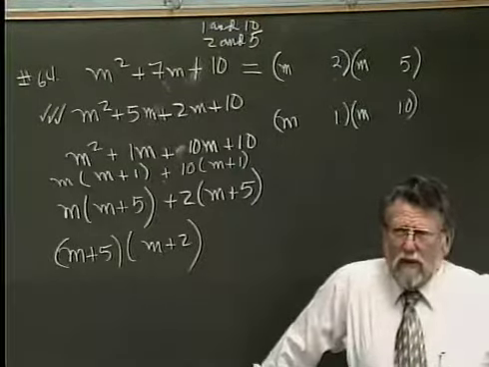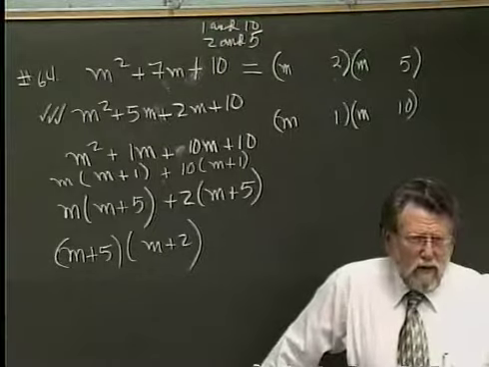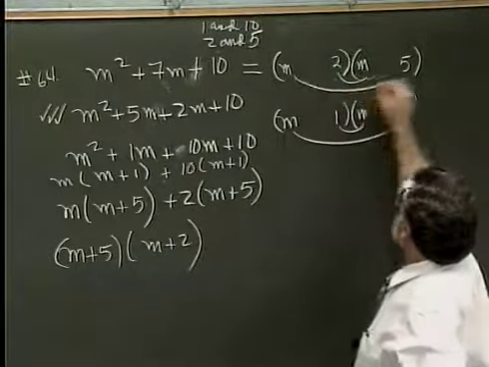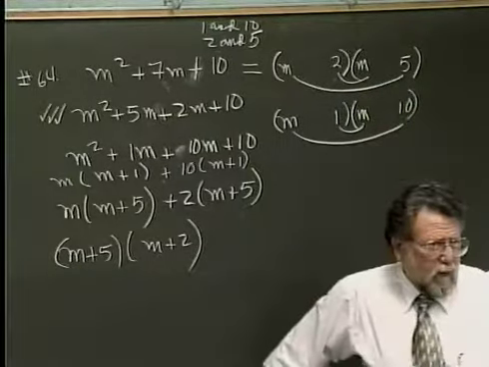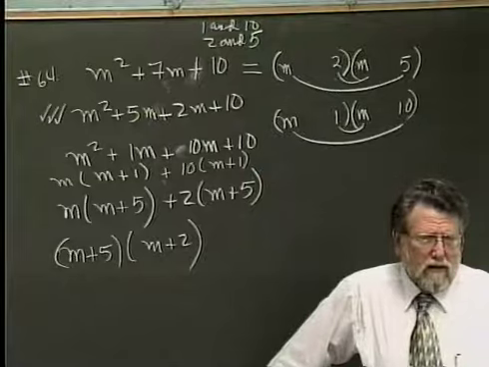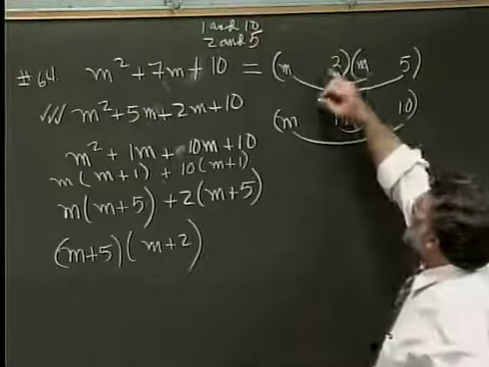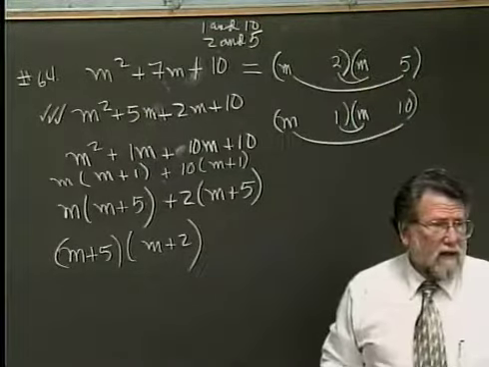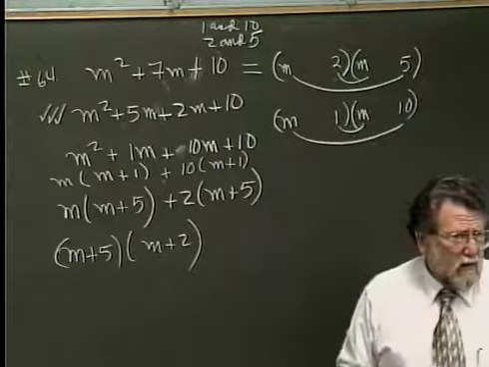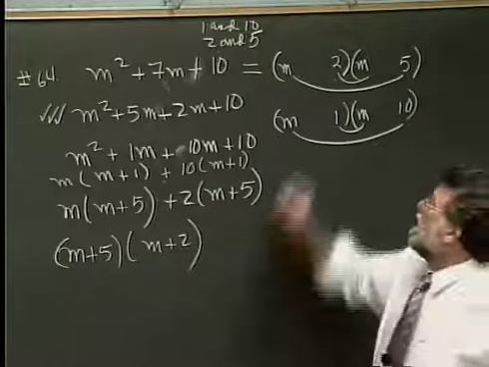Now the question, which one of those is going to work? Well, that's where you play the happy face game. FOIL. Because all you're worried about is the outers and the inners now. The outers and inners, 2m and 5m, give you 7. Here, the outers and the inners give you 11. Which one's good? The 7.